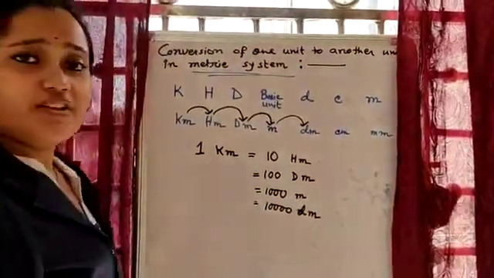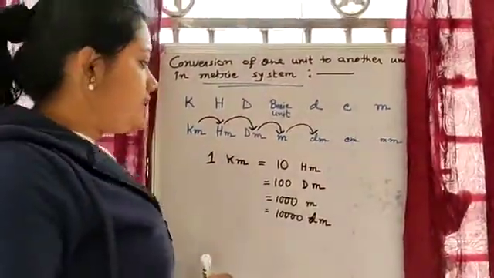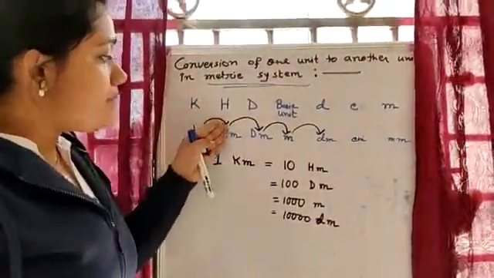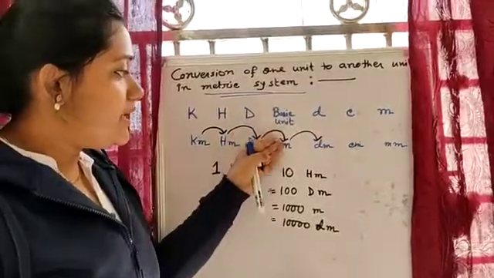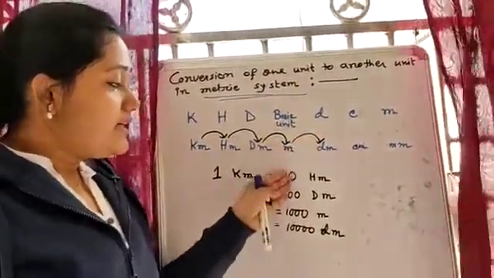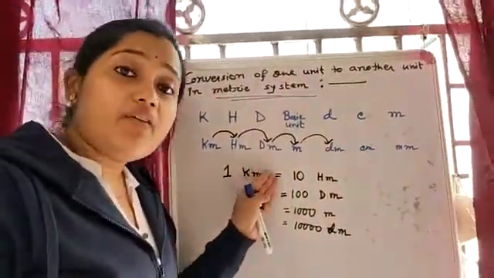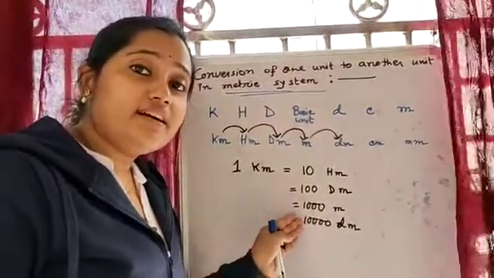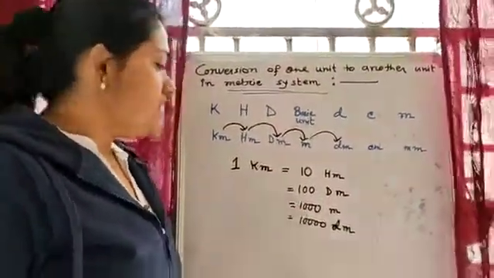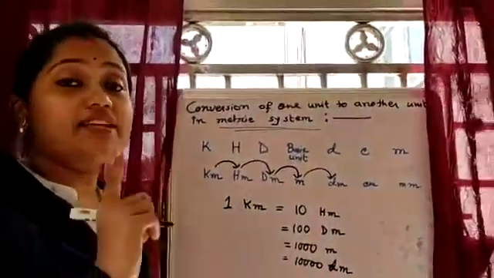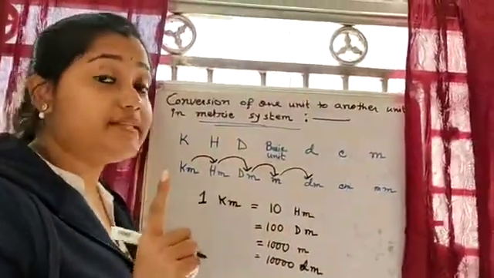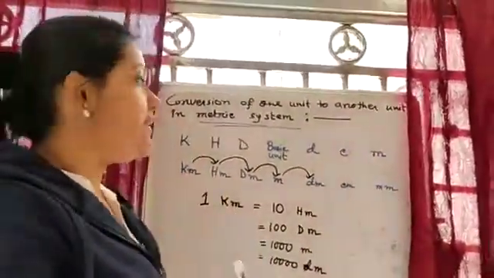Decimeter. Isn't it very interesting how many steps I am jumping? It is coming as the power of 10 like this. This is really very interesting, impressive, and very easy to calculate.